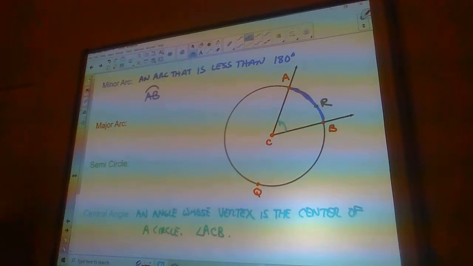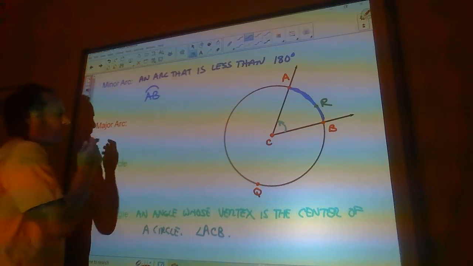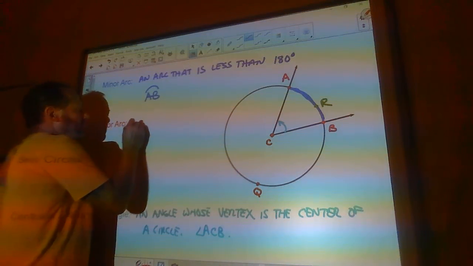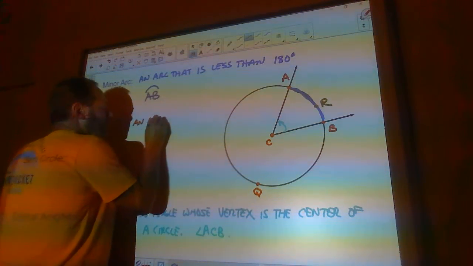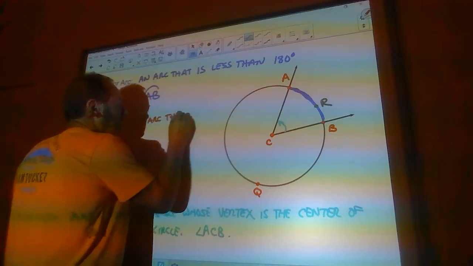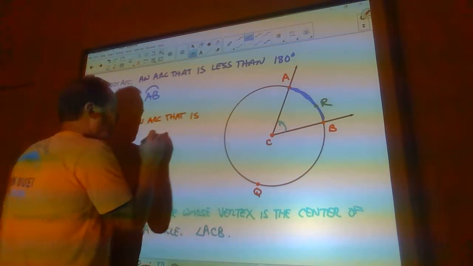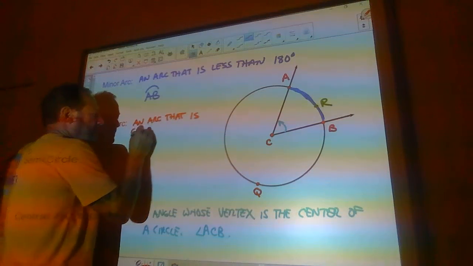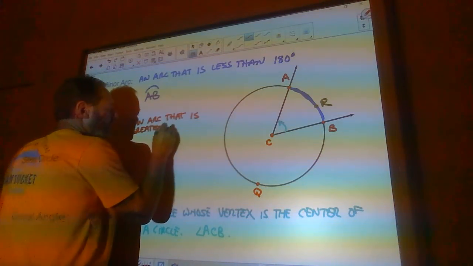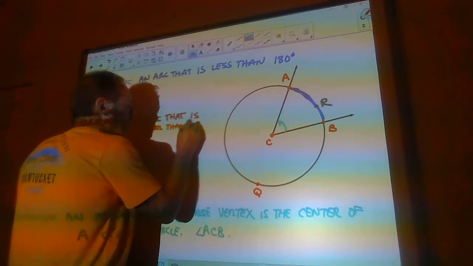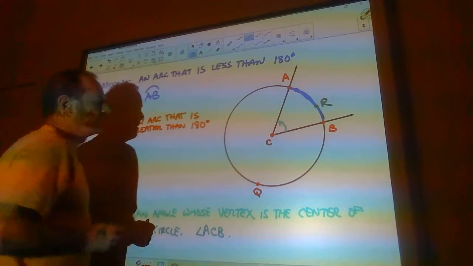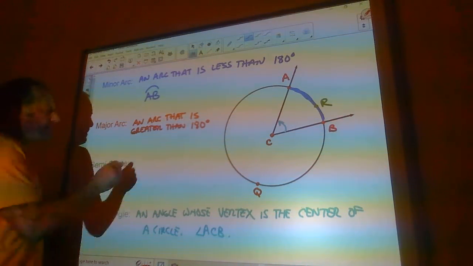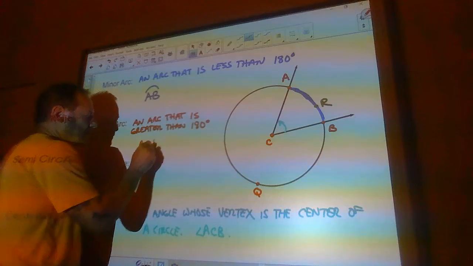Okay, then we have a major arc. A major arc is an arc that is greater than 180 degrees. Okay, so in this case, that would be arc AQB.